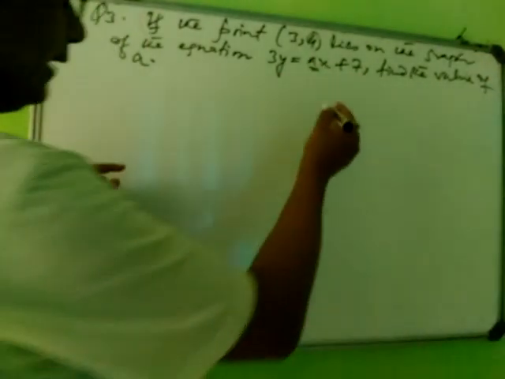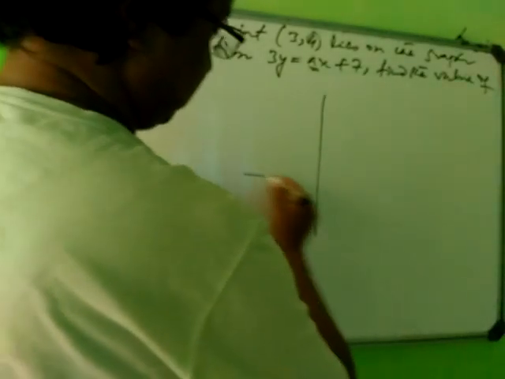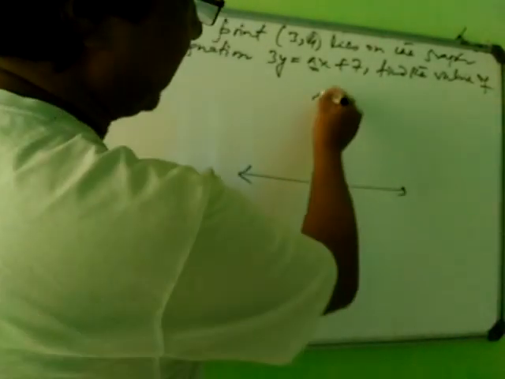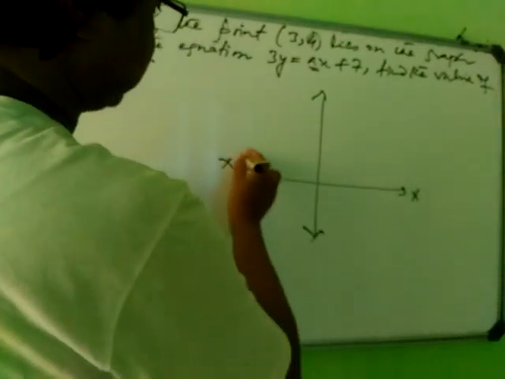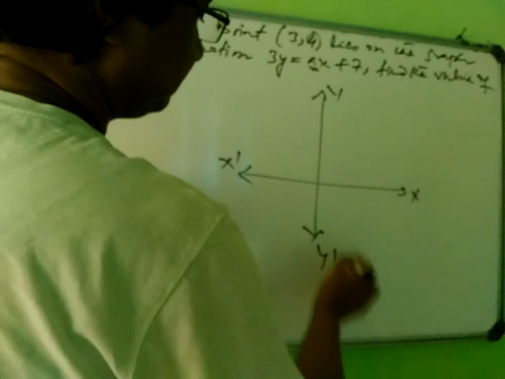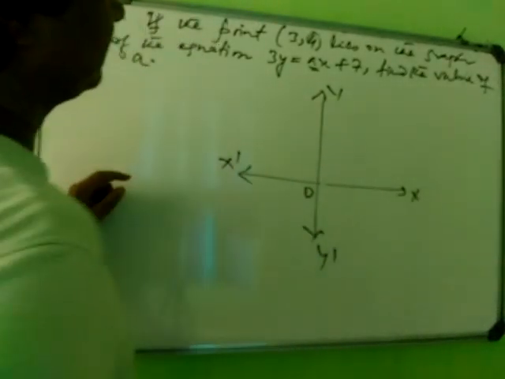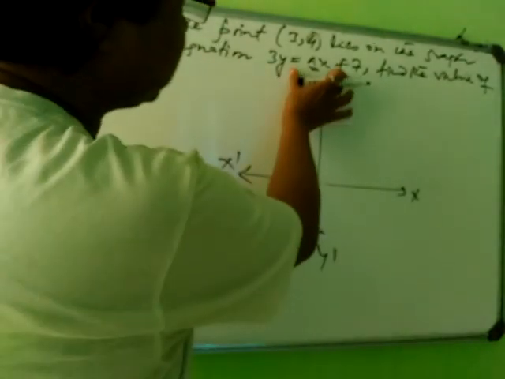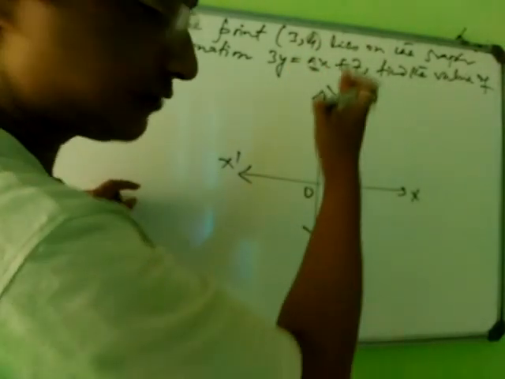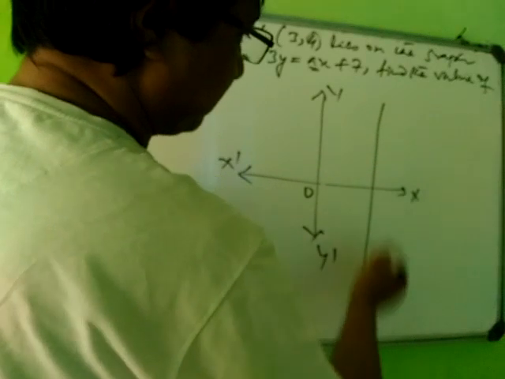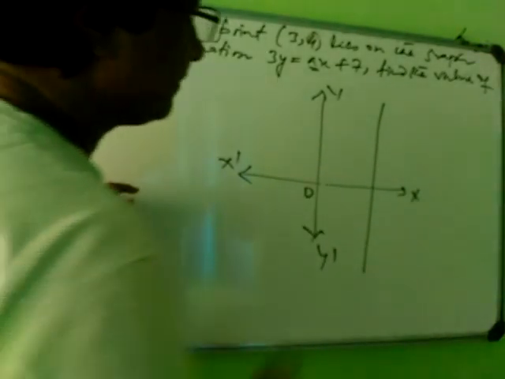Now, supposing you are drawing this, supposing this is your Cartesian plane. So it is x dash, x, y dash, y, origin. Now say, supposing this is your equation. So from this equation, just by plotting 3 points, you have got one straight line.